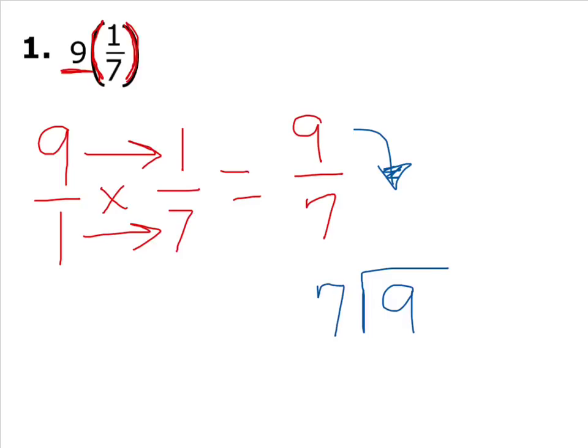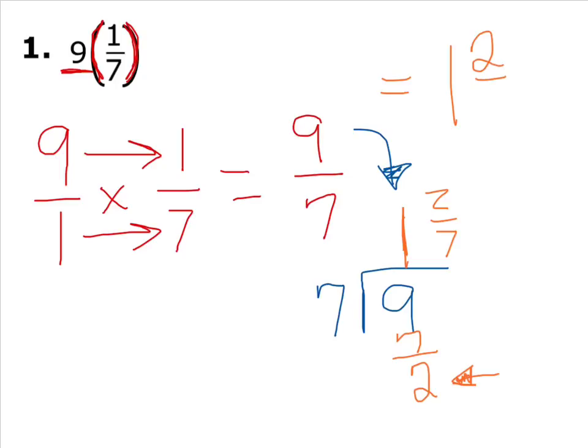And our 7 goes into 9 one time, which gives us 7 with a leftover of 2. Now, we put the leftover, this 2 right here, over the number that I divided by. Since we divided by 7, our answer would be 1 and 2 over 7. So our answer for this one is going to be 1 and 2/7.